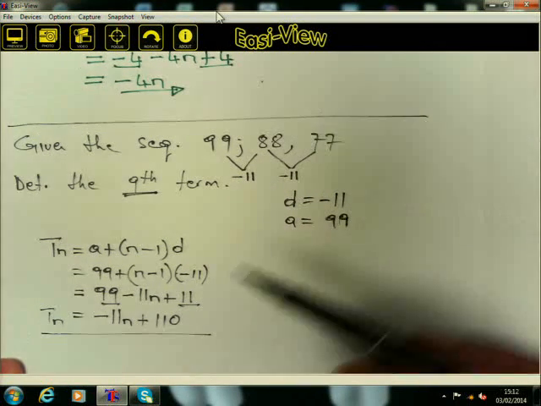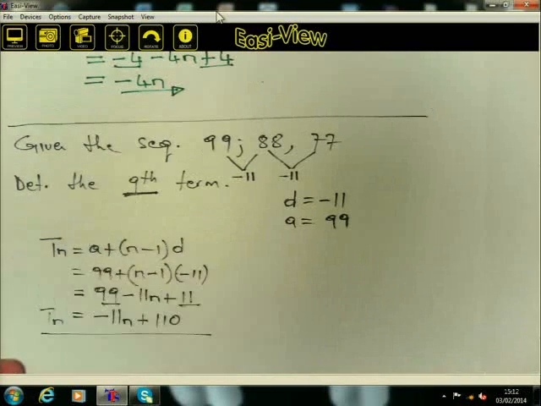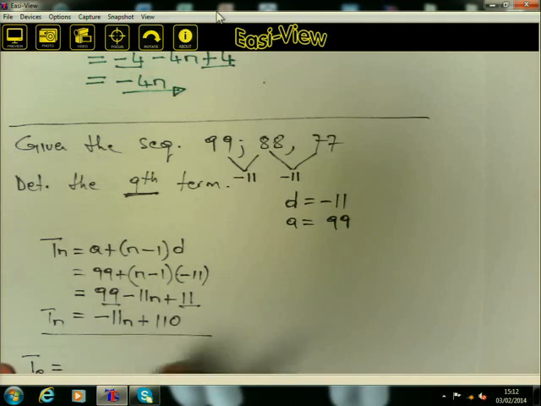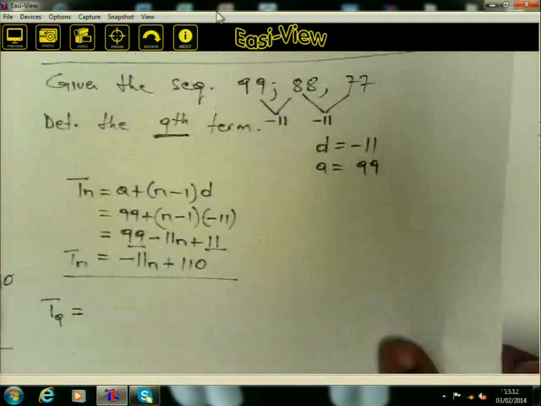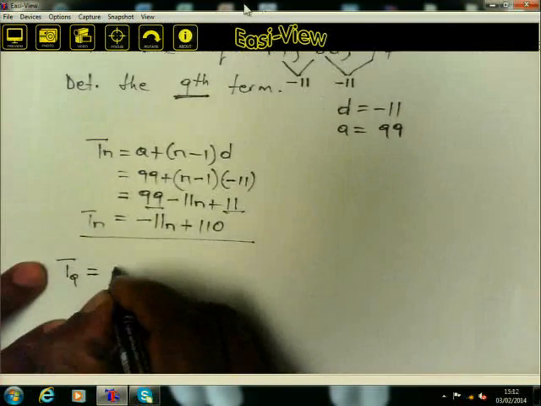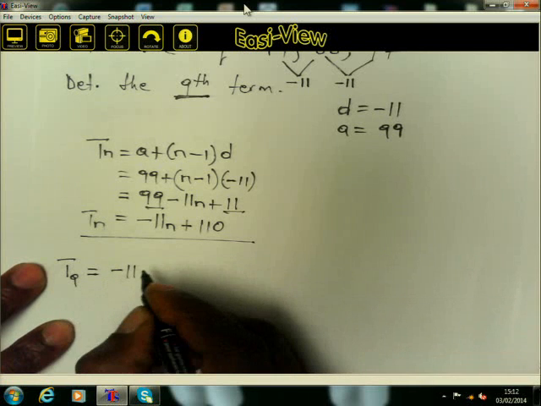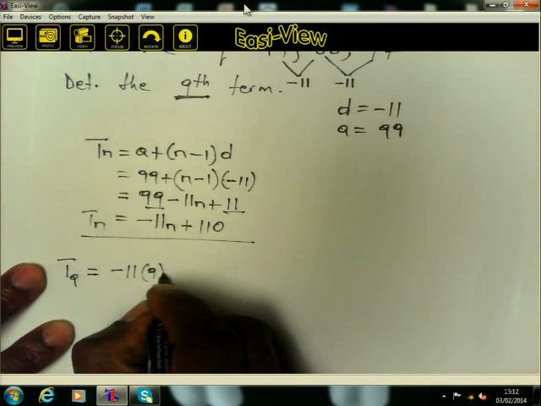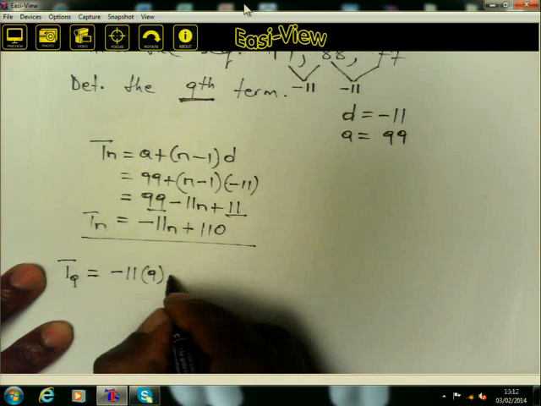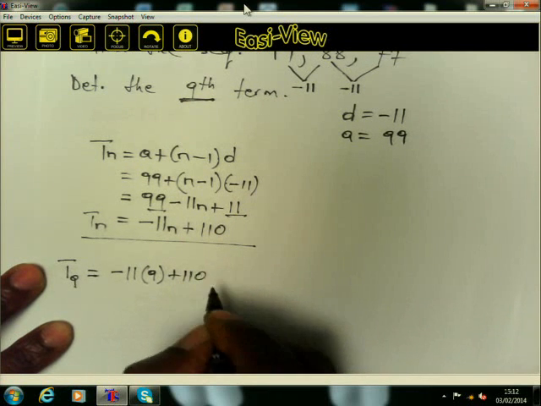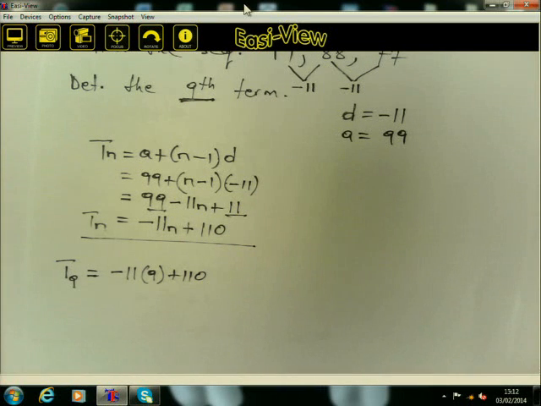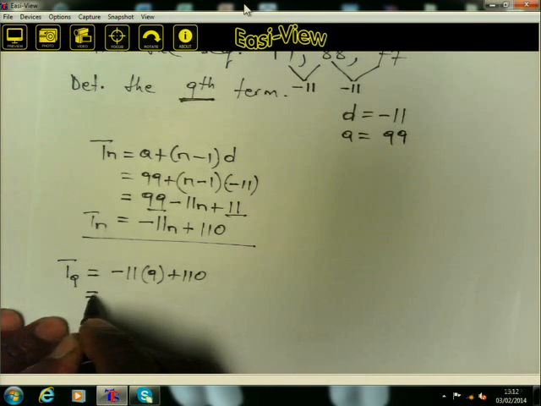It's the general term. But now the question is looking for T9. So T9 will be nothing else but minus 11 multiplied by 9, which is this one. You add 110 there. I'm sure you are busy with your calculators already.